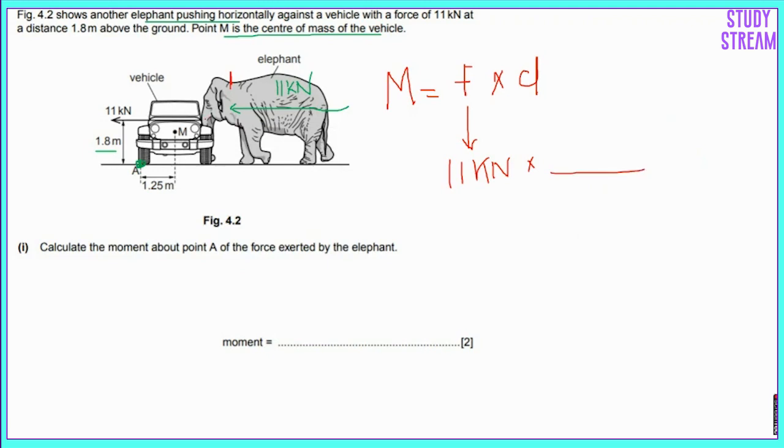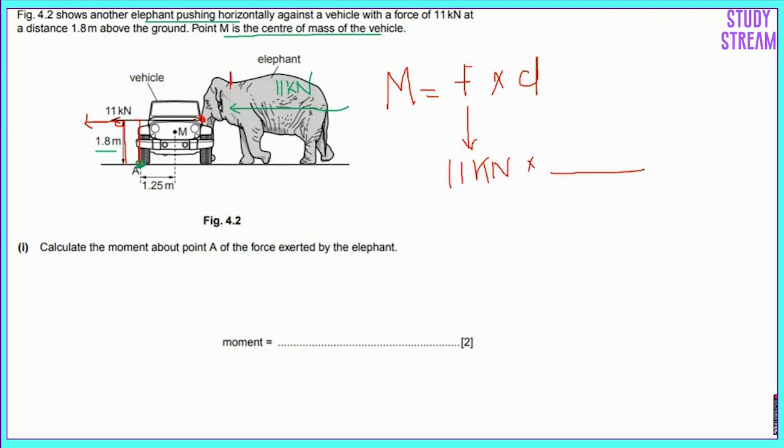But Ruba, do you understand why we take 1.8? No. Because the force is going horizontally, and we need the perpendicular height. That height is perpendicular to the force exactly, the pivot is here and the force is here, and that's the distance we need. Oh, I see. Yeah, I got it.